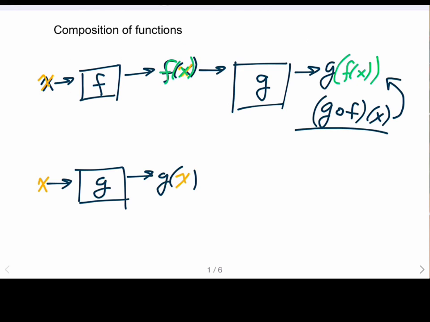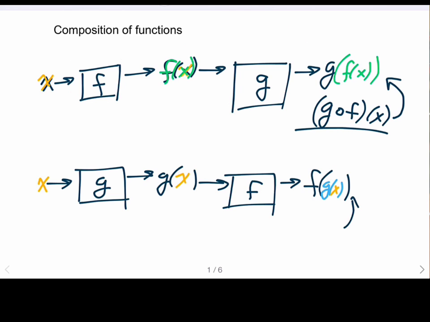If we then take that and put it into f subsequent to that, then our result would be f of g of x. And that would be denoted f little circle g of x.